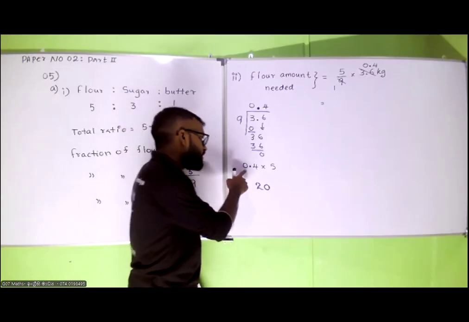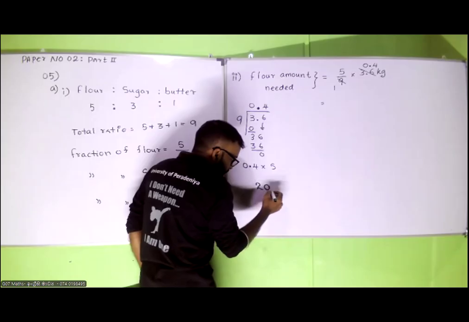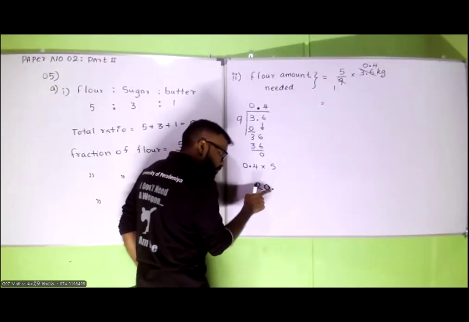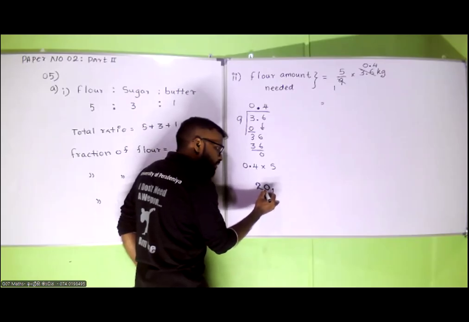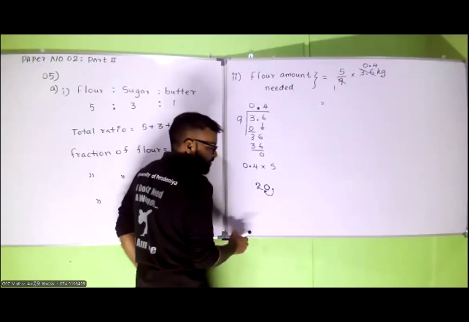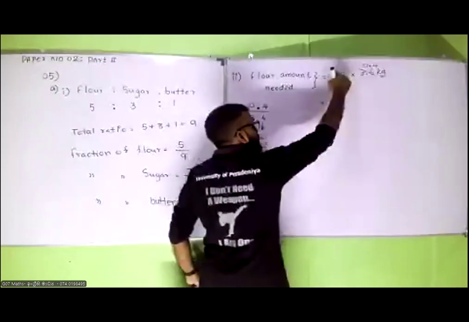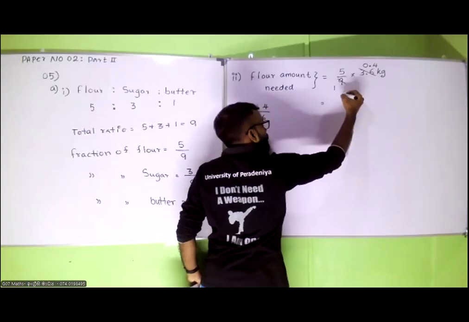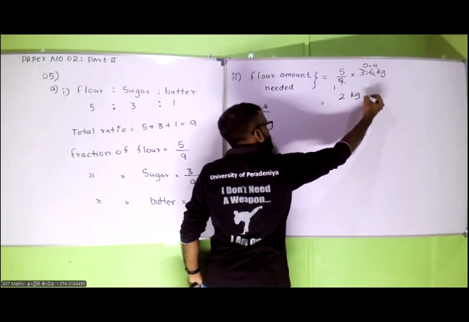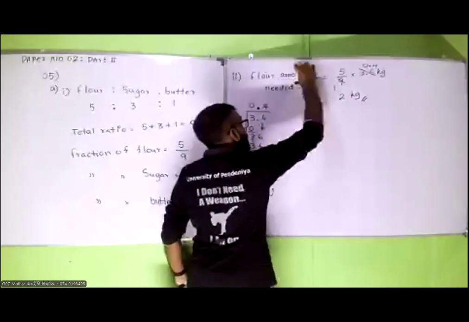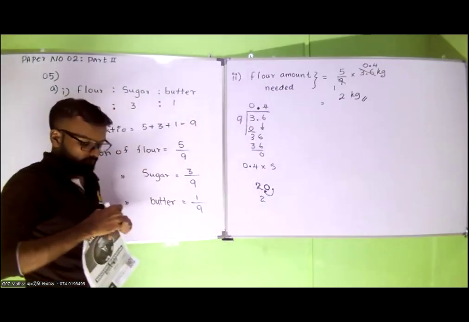Here we have one decimal place, so you have the original decimal point at the end, and you have to allocate one decimal point to this side. So your final answer will be 2. If you multiply 5 by 0.4, you will get 2 kilograms. So the flour amount needed is 2 kilograms.